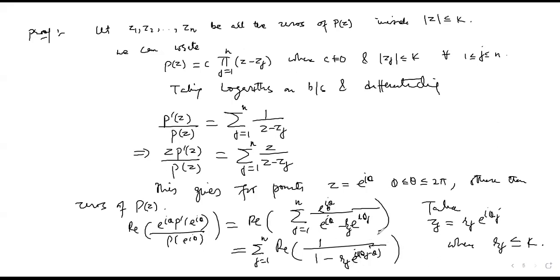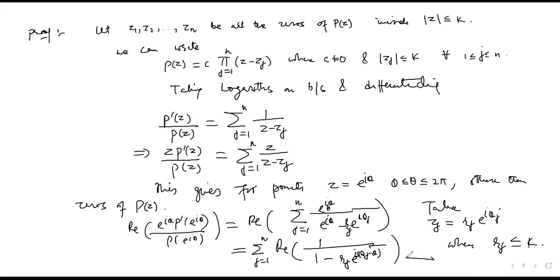This is greater than or equal to, actually 1/(1+k), क्योंकि हमें वहाँ denominator में चाहिए, जैसे वहाँ दिखाया था हमने, this was greater than or equal to n/2, कुछ ऐसा ही करना होगा. Okay, now let's check it. Now the real part of जो हमारा, चलो इसको नाम देते हैं, equation 1.